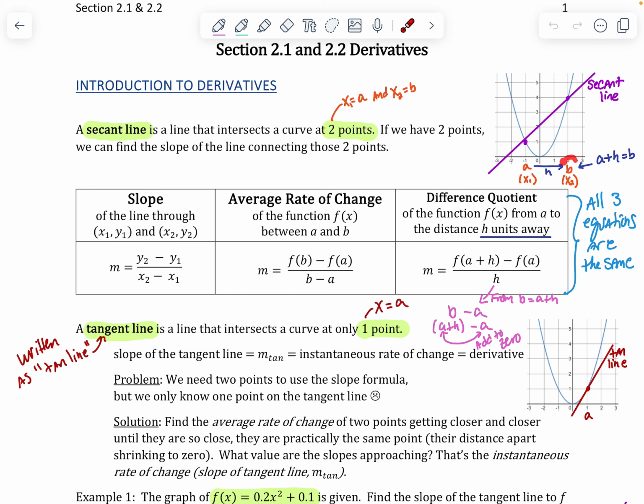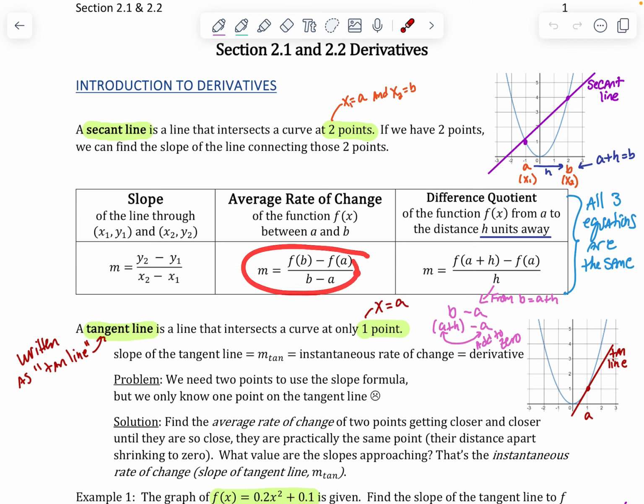So instead of talking about some second point, x2, or B as we've renamed it, let's talk about it in terms of its distance from A. So there's A, and we are h units away, which is how we arrived at B, but we're just going to focus on how many units away we're going to be.